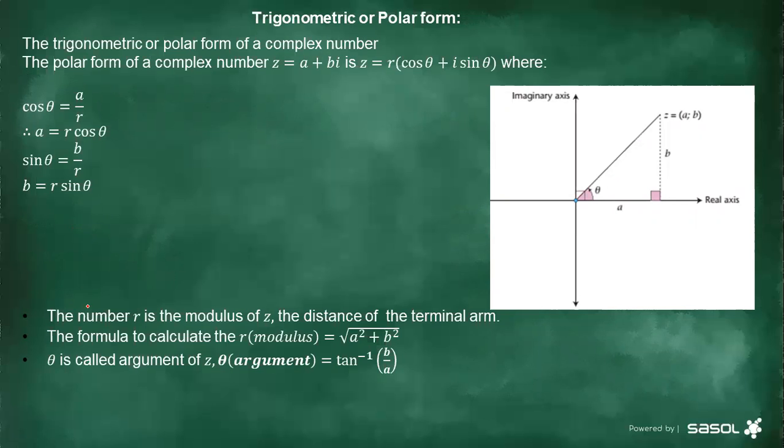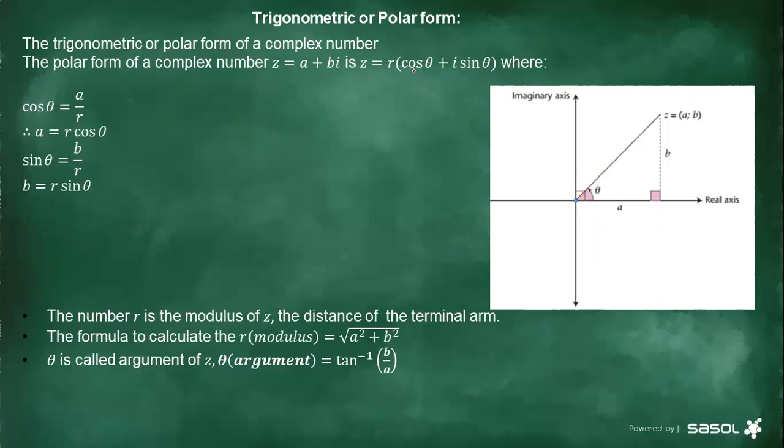Trigonometric or polar form. The trigonometric or polar form of a complex number z equals a plus bi is z equals r, which is the modulus. Remember earlier on we discussed the modulus. We said the distance from O to P, the length of this terminal arm, is the value of r.